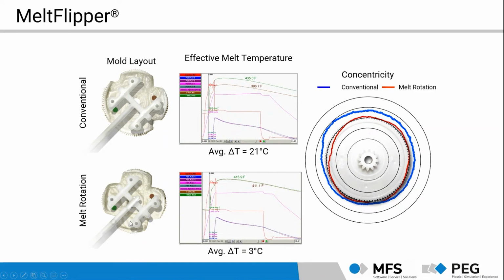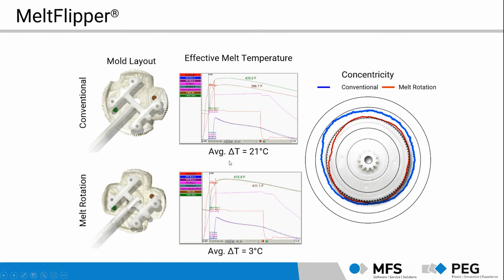And here in the bottom we have the runner with the MeltFlipper technology. You can see here the roundness or concentricity of this part. Yeah, this is a gear here, and you see that the concentricity is really better for the one with the MeltFlipper technology brought in.